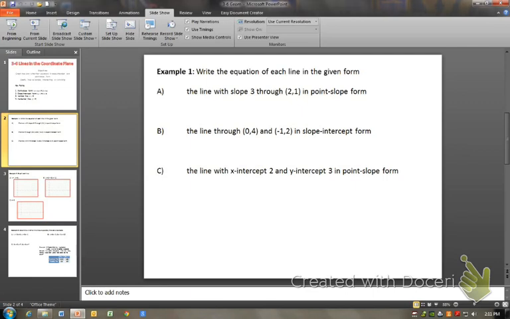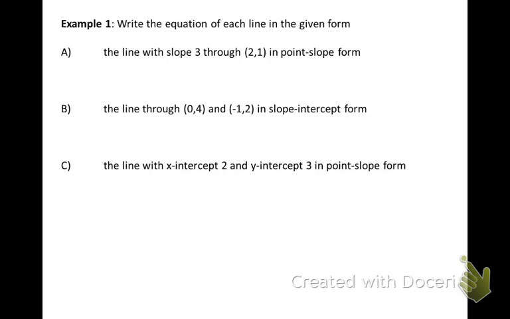Pause. Alright, so you have: write the equation of each line in the form given. They want you on this one to have point-slope form, which is y minus y1 equals m(x minus x1).